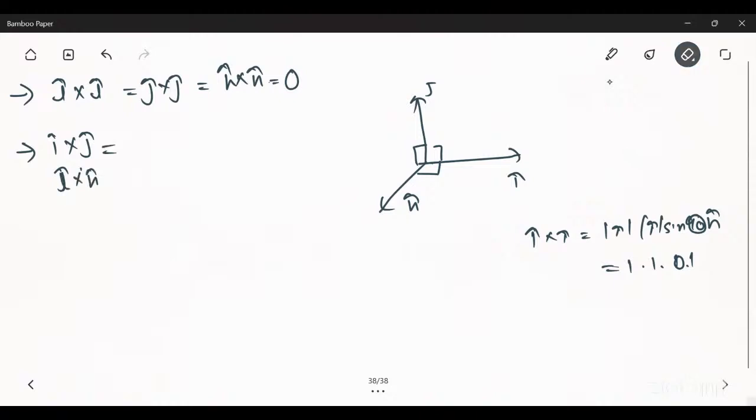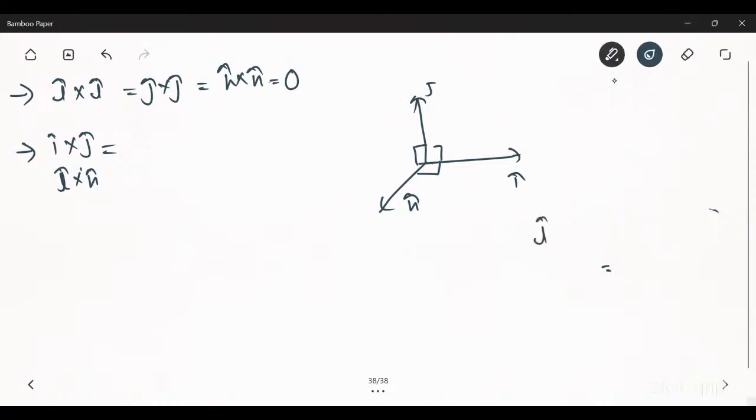And next, I cross J. Now see here, I cross J is mod I mod J sine 90 n cap. What is n cap? It is perpendicular to both I and J, that means K cap. So it is 1 into 1 into 1 into K cap. So I cross J is K cap.